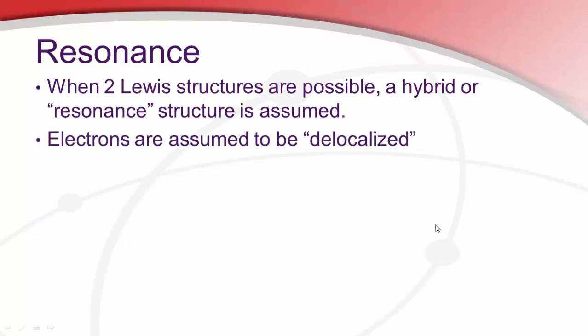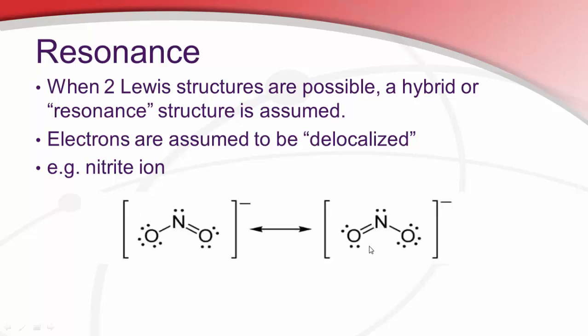When we do this, the electrons are assumed to be delocalized. They're associated with both Lewis structures at the same time. So let's take a nitrite ion as an illustration. The formula for nitrite is NO2 negative, and we could draw the Lewis structure for this in one of 2 ways.